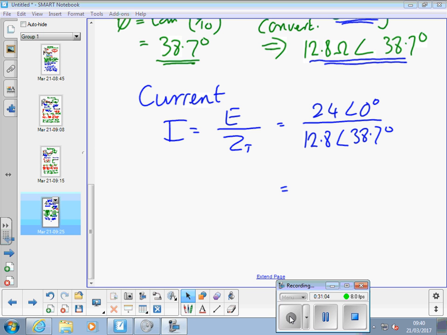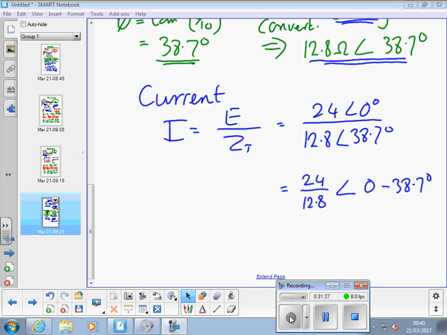Subtract what? No, it's not. You divide the numerator magnitude by the denominator magnitude, so you do 24 over 12.8, and the angle is 0 minus 38.7.